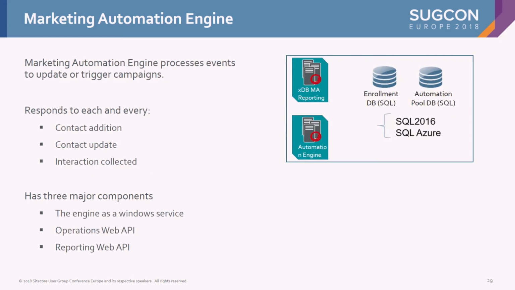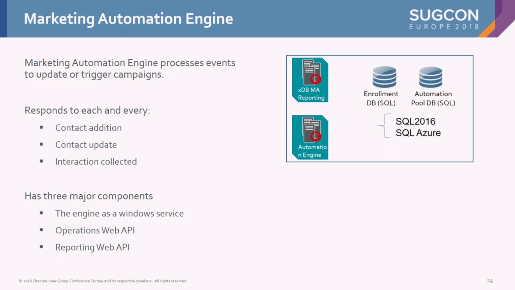All right. So the main components of marketing automation are: the marketing automation engine, the marketing automation operation web API, the marketing automation reporting web API, an enrollment database, and an automation pool database. The marketing automation engine is the core of marketing automation, and it's responsible for processing everything related to your campaign.